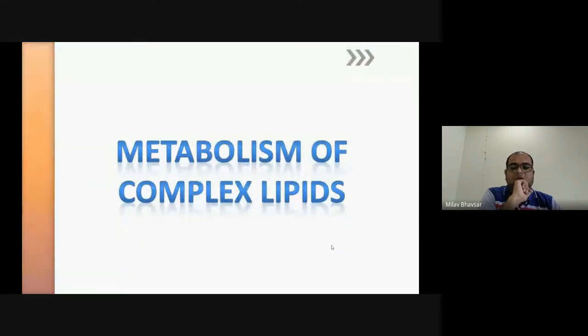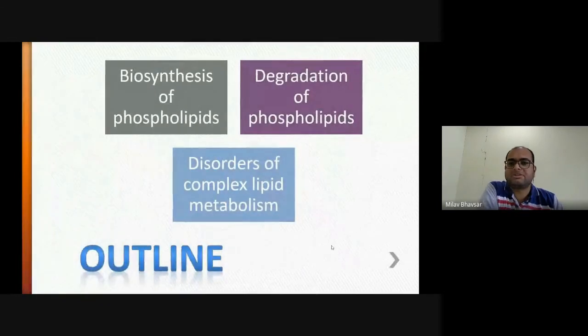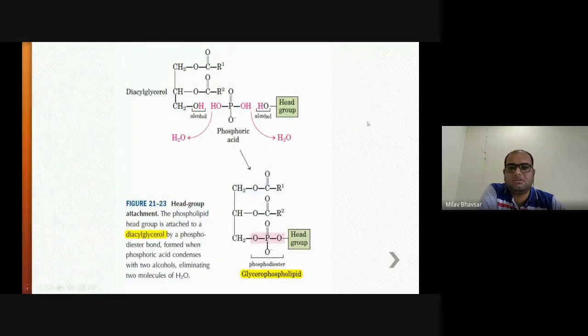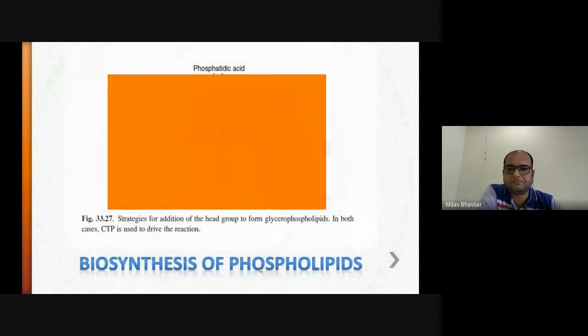Then comes the complex lipids. Phospholipids, how they are generated, how they are degraded. So how phosphoric acid is added into diacylglycerol, ultimately generating the glycerophospholipids.